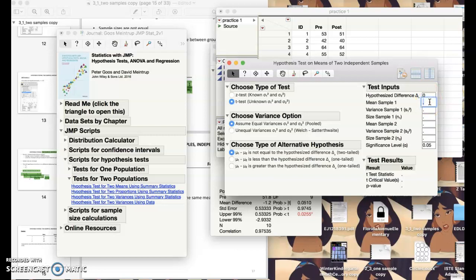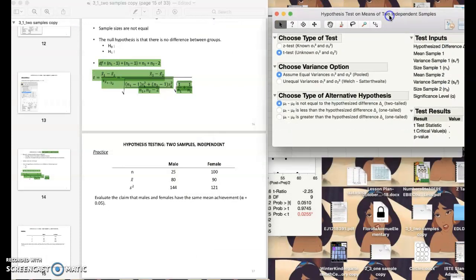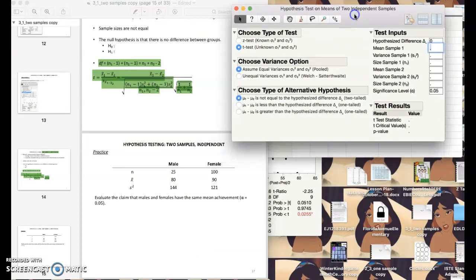Mean of sample one. What was it? T-test, we assume equal variances. I'm not explaining details here why we assume, because it's more advanced. For the first step, let's just assume. Then here, hypothesized mean difference, yes, we said equal to 0, right?